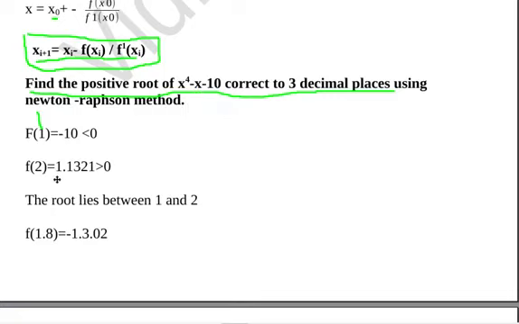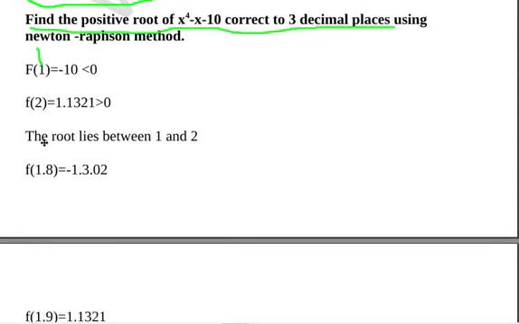So the value will be 1.1321, which is a value greater than 0. Now I have got two values of x, 1 and 2, such that 1 produces a result less than 0 and 2 gives a result greater than 0. So I can say my root lies in between 1 and 2.